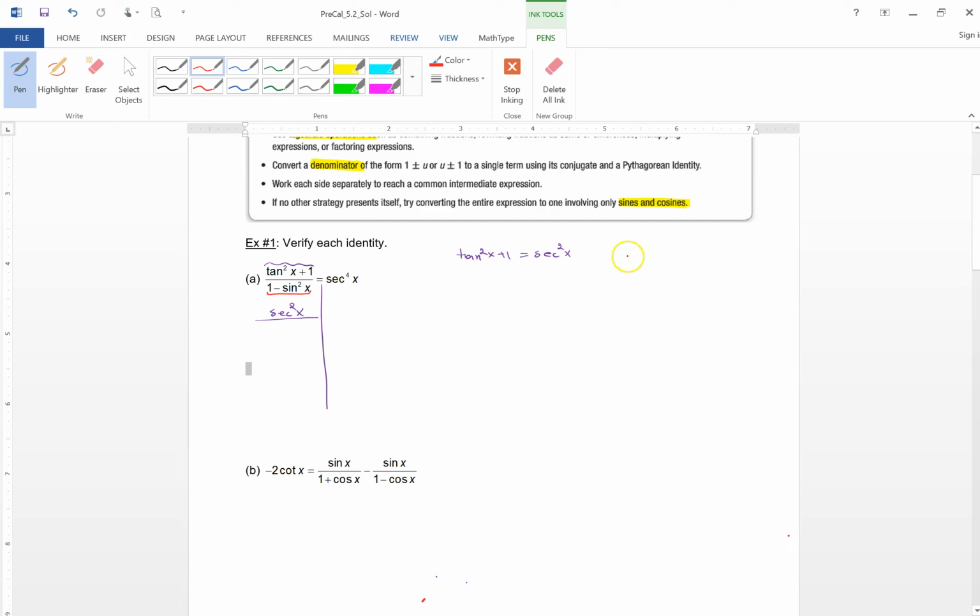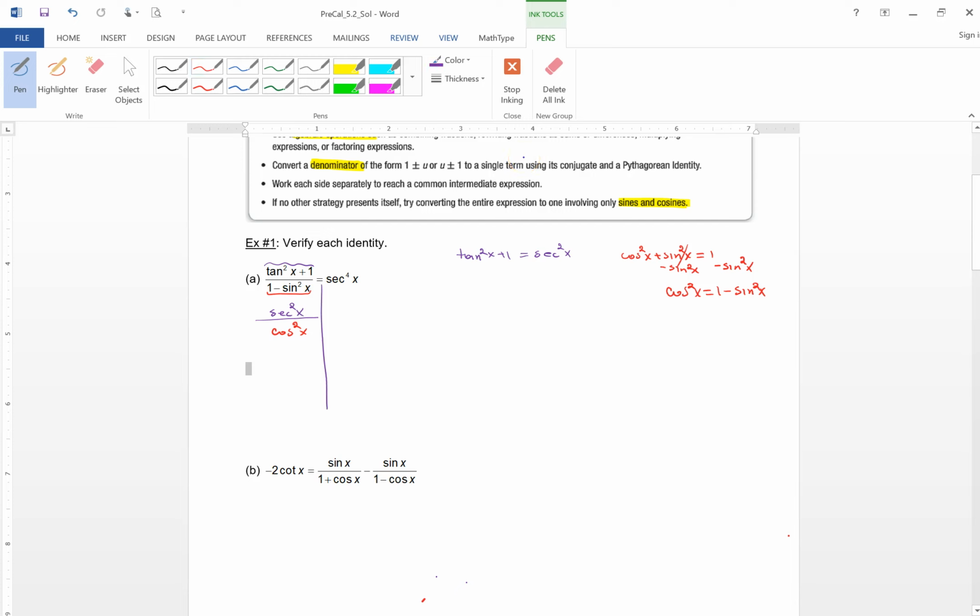Well, we have another identity. Cosine squared x plus sine squared x equals 1. If I subtract sine squared x on both sides, I get cosine squared x equals 1 minus sine squared x. So this is equal to cosine squared x.